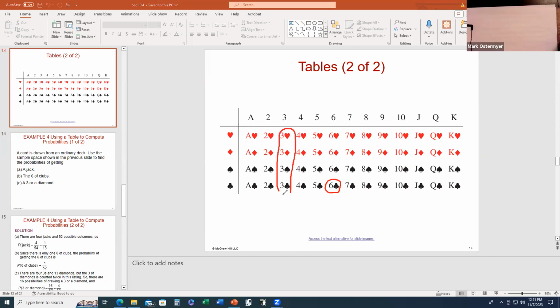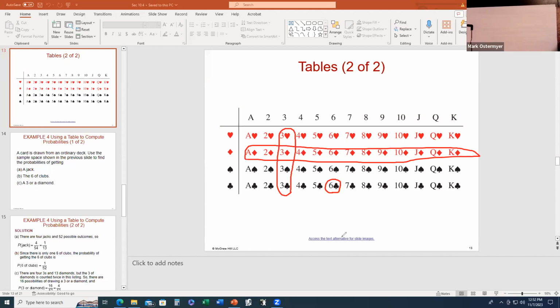And how many diamonds are there? There's 13 diamonds. So we want to compute the probability of selecting a 3 or a diamond.